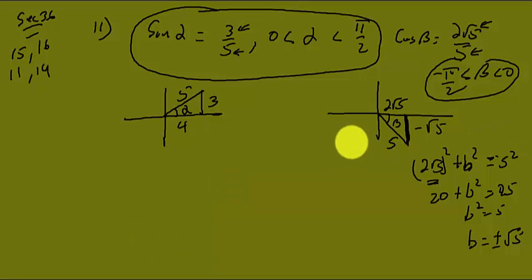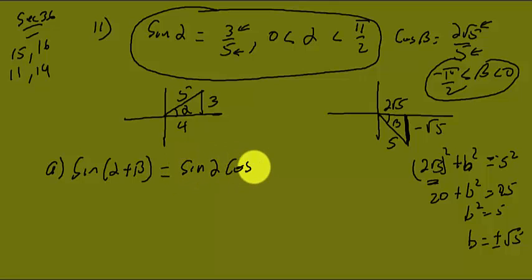Now I have 4 trig identities to solve. So let's start with the first one: sine of alpha plus beta. You go over there, find out what the trig identity is. That is sine of alpha times cosine of beta plus cosine of alpha times sine of beta.